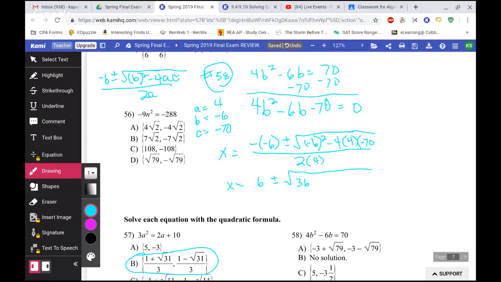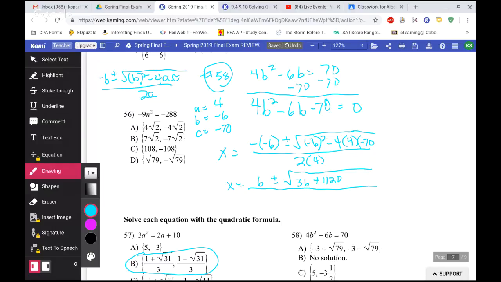So you've got -4 times 4, which is -16. And now -16 times -70. Oh, that's a big number. Okay, so that's plus 1120.